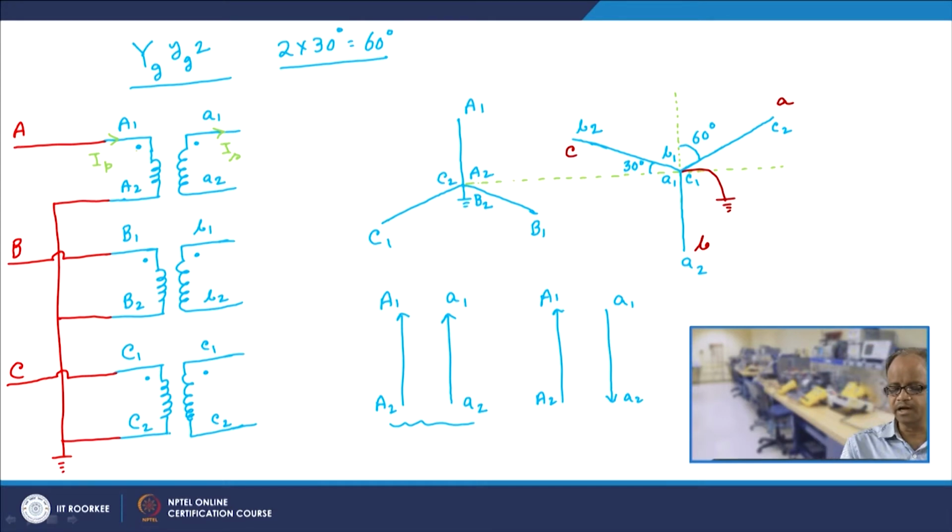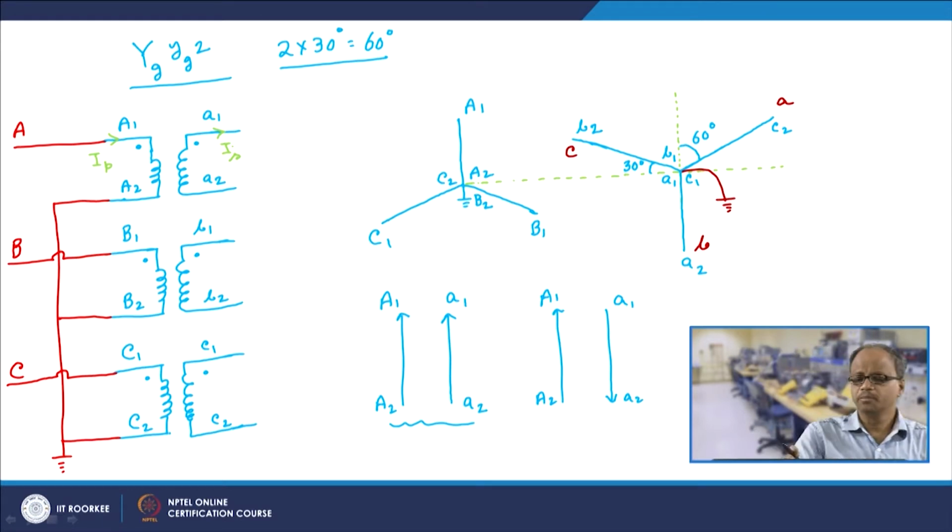The current entering the dotted terminal at the primary side would be in phase with the current leaving the dotted terminal at the secondary side.